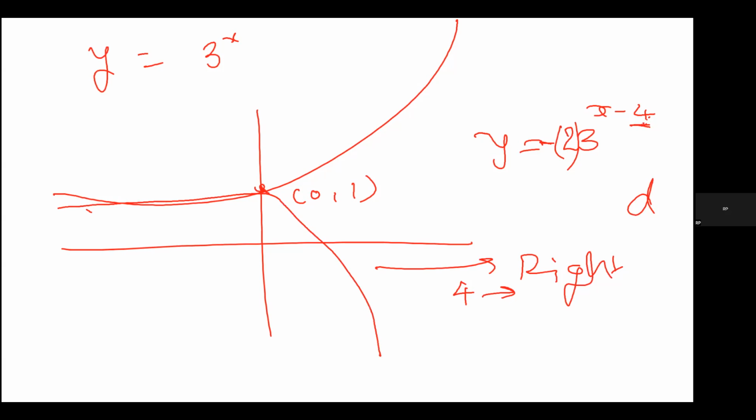And when it is vertically stretched by 2, the graph will go like this. And when it is moved 4 units to the right, the graph will go like this. So this point that was here is moved to the right. So this is the transformation you are applying to the parent function 3 power x.